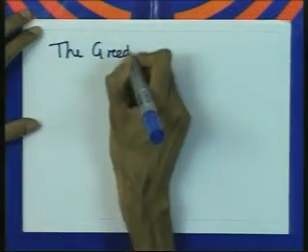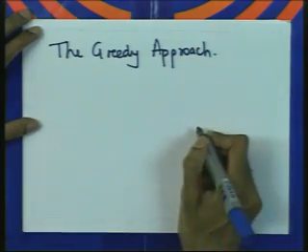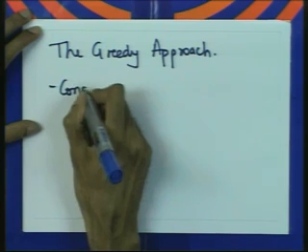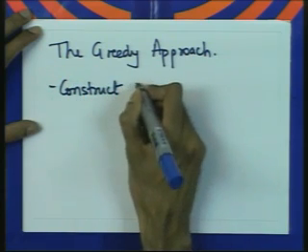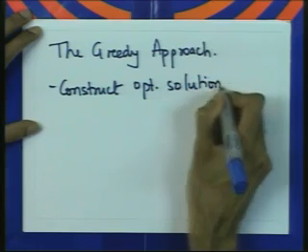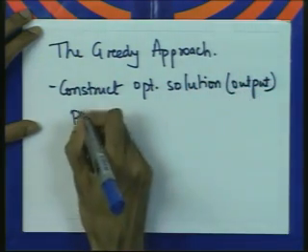Okay, so let me write down the basic ideas here. The greedy approach. The basic step is to construct the optimum solution or output piece by piece.